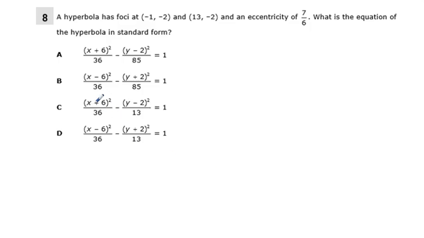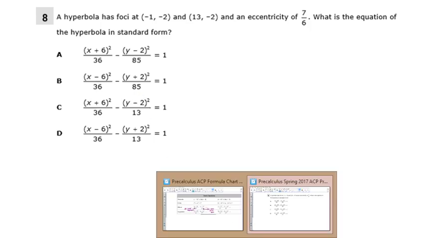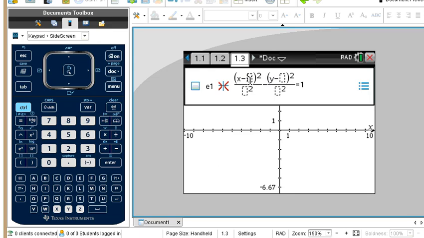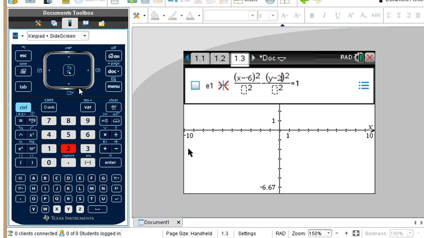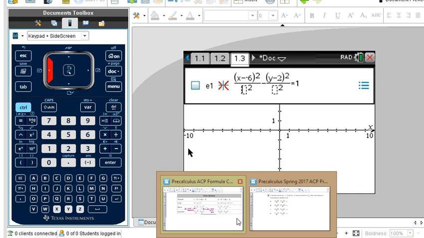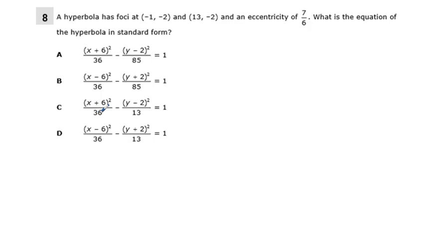We're going to put X plus 6, that's going to be X minus negative 6, and then Y minus 2. And also we're going to put in the other features here.